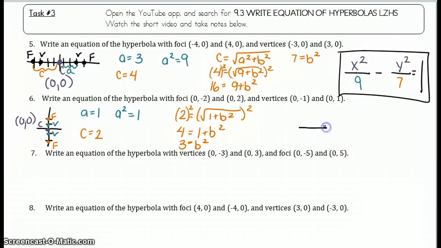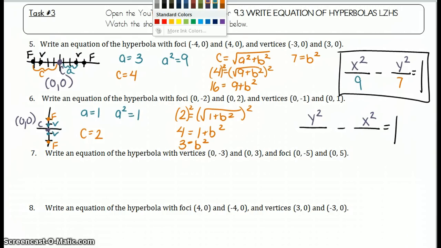When I again set up my basic hyperbola, because this one is vertical, I want to make y squared the positive term and therefore first, x squared being second. The fact that it's vertical, though, does not mean that I move a squared somewhere else. I still want a squared to be the first denominator and b squared to be the second, even though a squared is a smaller value.